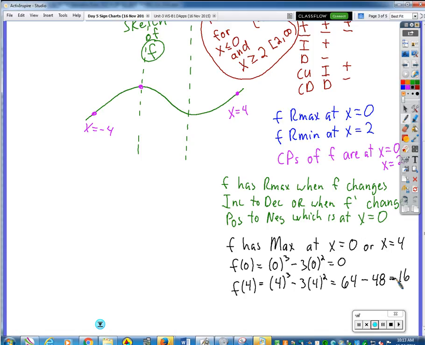So I can label them now. This is the point 0, 0. And as usual, my pictures don't make visual sense all the time, but who cares? 4 and 16. Is there ever a time where there's going to be 3 or more points, and then you just have to plug in all the values and just find the highest one?